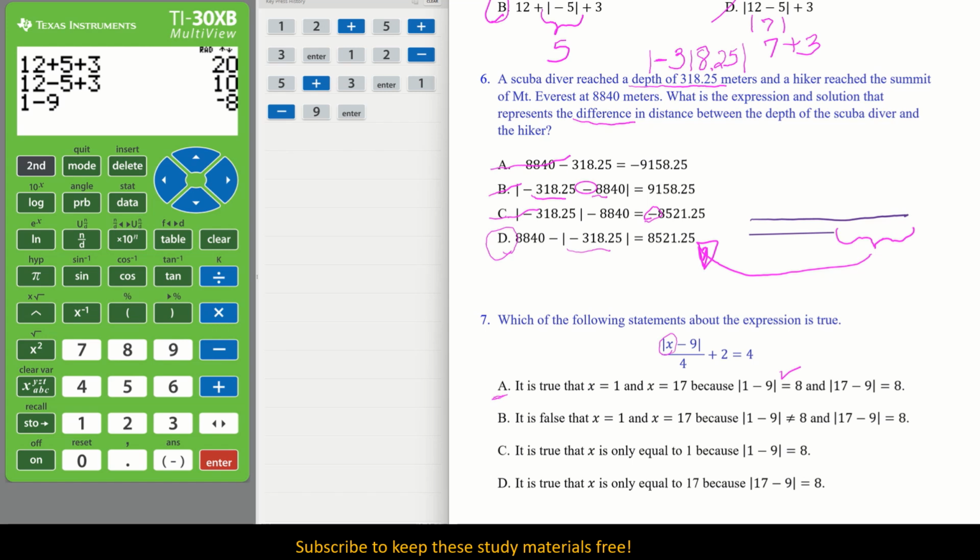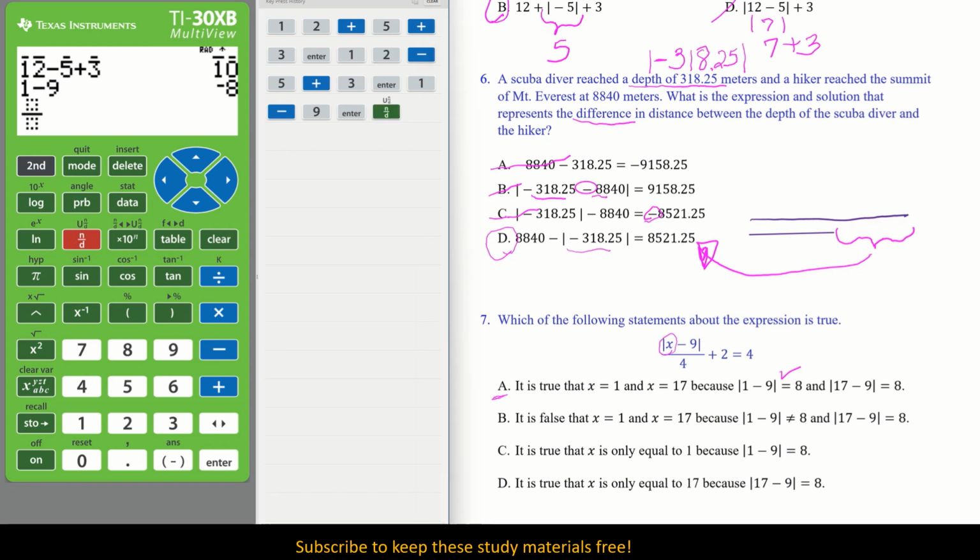And that makes sense, but we have to put that in the calculator the way we see it. So we put in our fraction and we say 1 minus 9, and then our denominator is 4, arrow over, plus 2, and then we push equal.